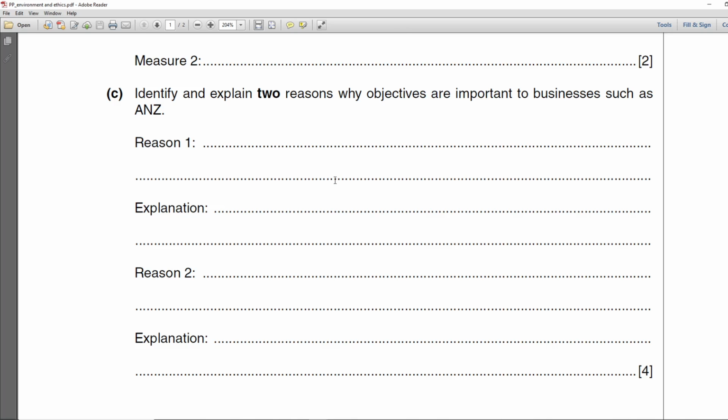You have a sense of direction, to measure progress, the current situation. And how do you explain it?